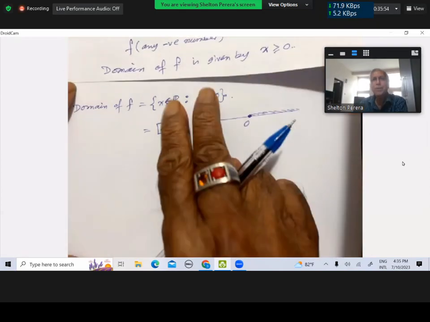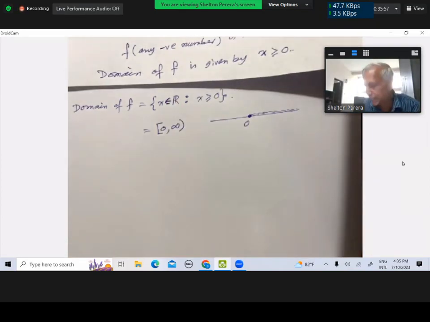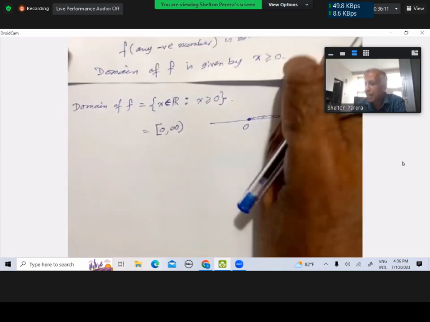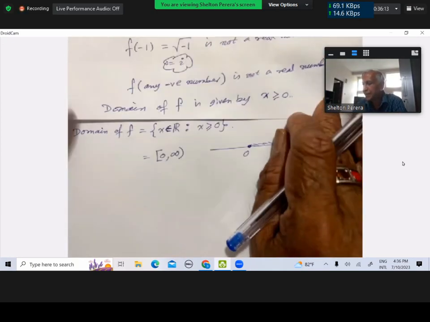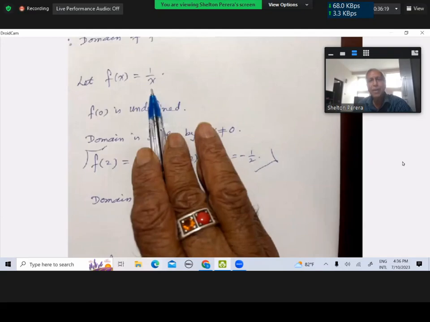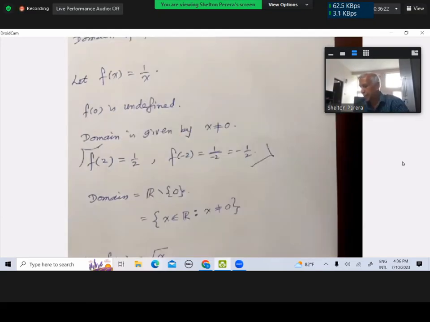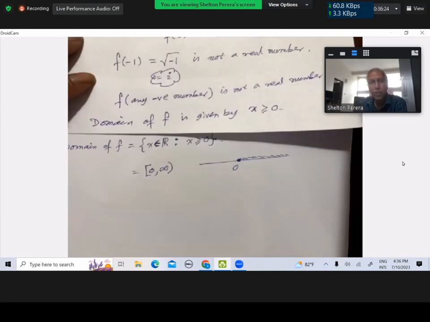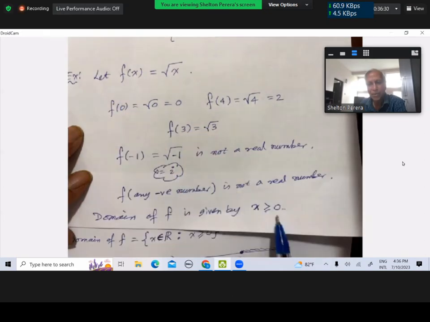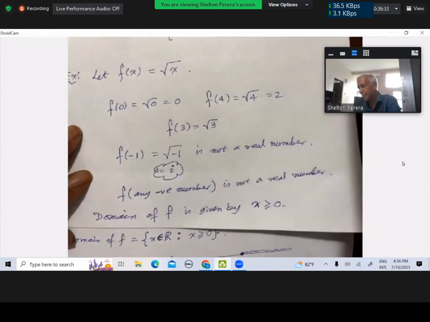Seeing this type of notation will make you comfortable when you move to upper level courses. Okay? Domain of f is that.